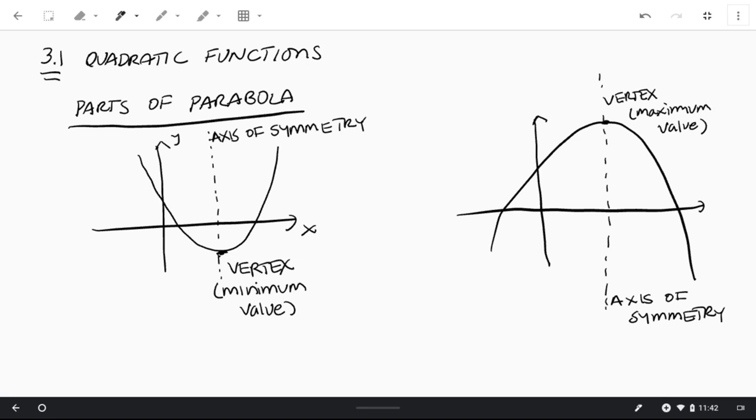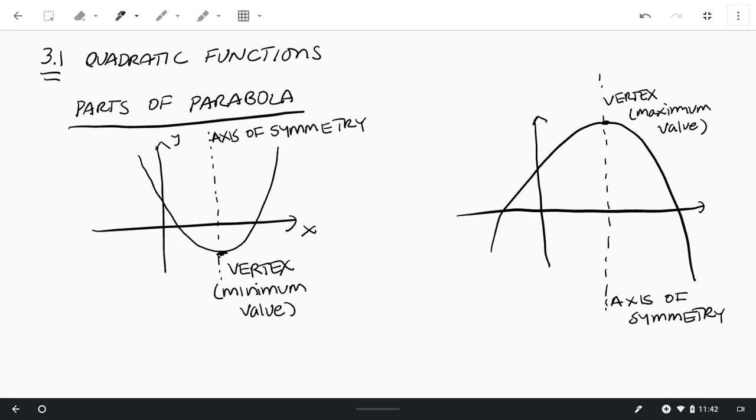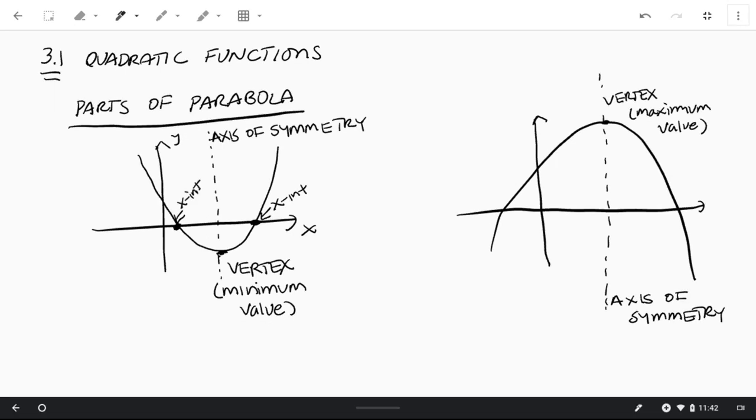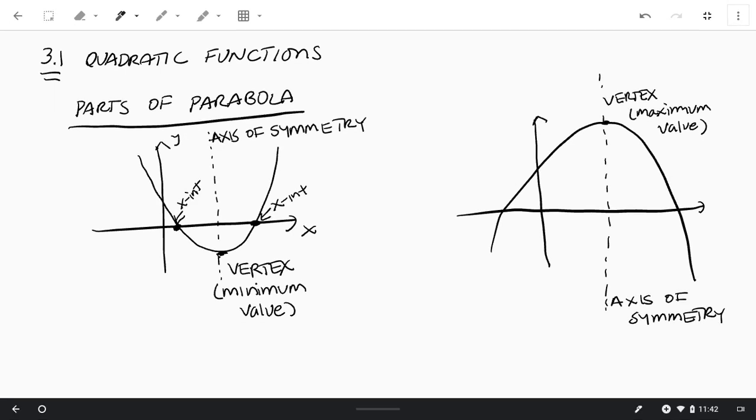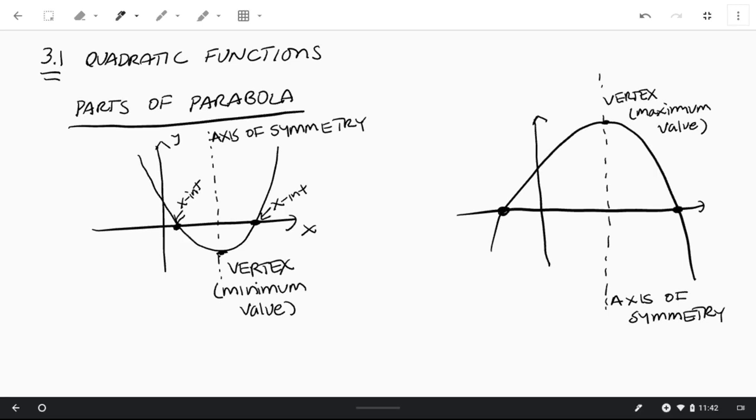And we know that for all graphs, the points where the graph crosses the x-axis are called the x-intercepts. So let's point there. That's an x-intercept, and this is also an x-intercept. Over here on the right, the x-intercepts would be here and here.